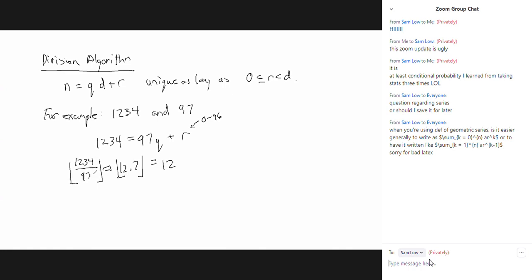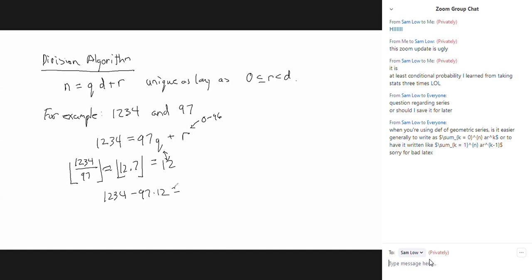So I know that 97 at least goes into this 12 times. Okay. So I know that this Q is going to be 12. That's my Q. So how do I find the remainder? It's 1234 minus 97 times 12.